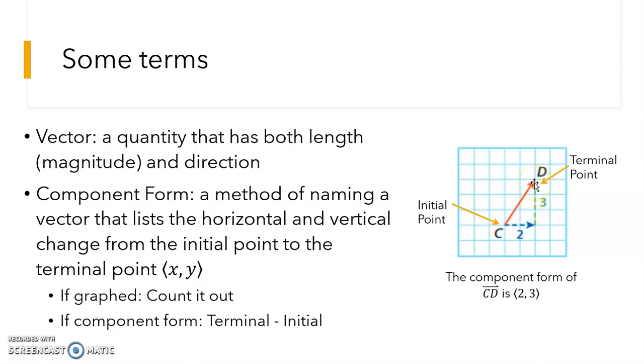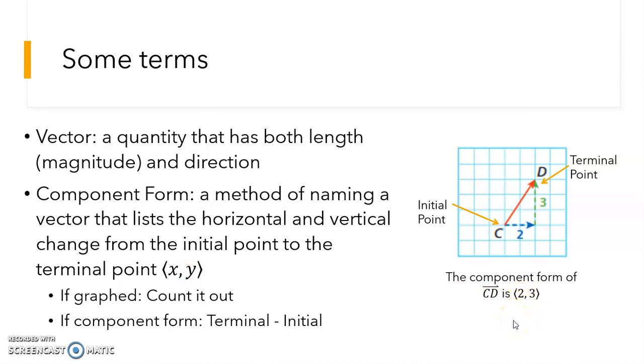It's almost like slope, except instead of doing y over x, we do x comma y, like it's an ordered pair. And then we use these weird brackets. They're not exactly parentheses. They have a little point to them, kind of look a little like the ends of arrows. Okay, and x would be the change in x, and y would be the change in y. So in my vector over here, the component form is ⟨2, 3⟩.